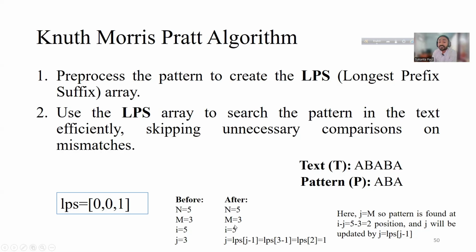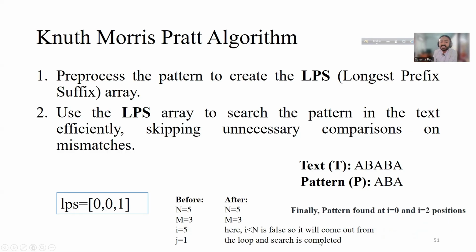So we can tell that we got the pattern again, and the pattern is found at position i minus j, which is position 2. And j will be updated by LPS[j minus 1], that means LPS[2], which is 1. So the value of j will be 1 here.